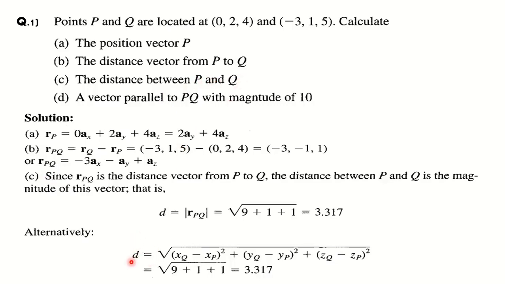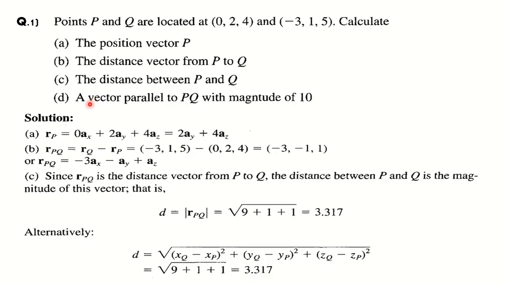This can be calculated in a simple way by considering the distance formula applied from point P to Q. Destination point is Q, source point is P. So you will observe here square root of (minus 3 minus 0) squared plus (1 minus 2) squared plus (5 minus 4) squared. This results in square root of 9 plus 1 plus 1, so it is square root of 11. The final answer is 3.317.